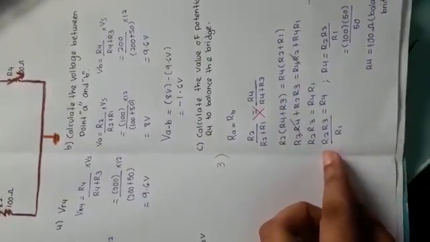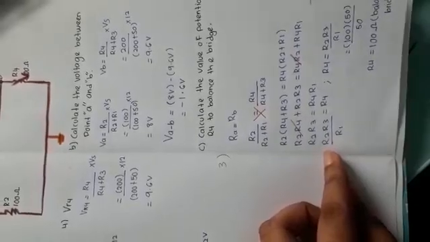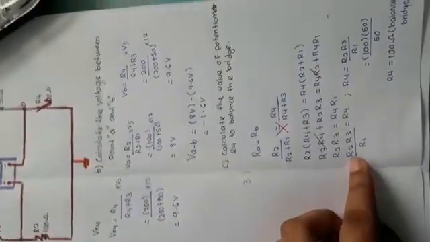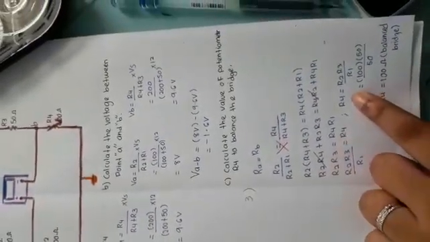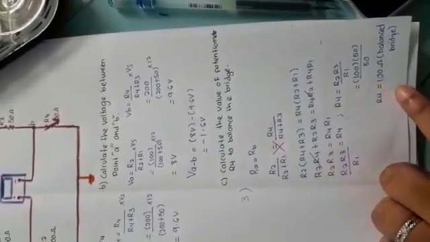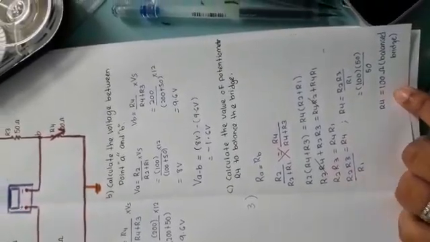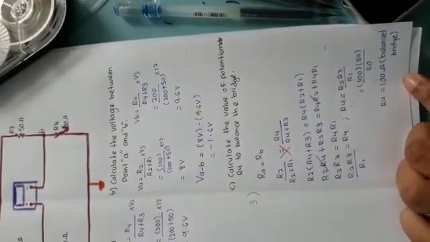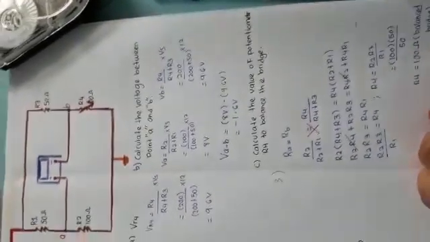From the simulation, I get this formula, which is R4 equal to R2 times R3 divided by R1, because we have to find out R4, right? So use this formula. By inserting the values for R4, I get 100 ohm to balance the bridge.